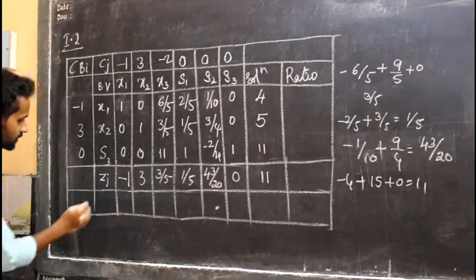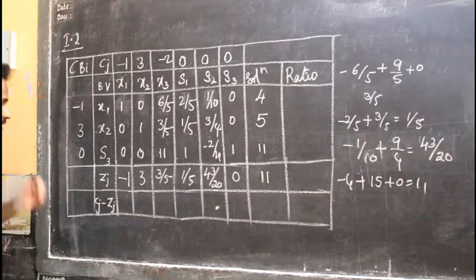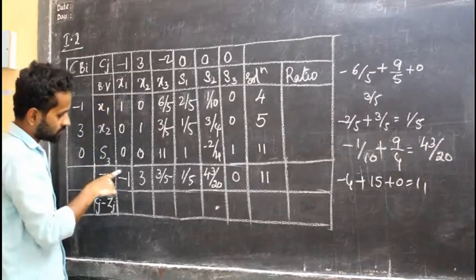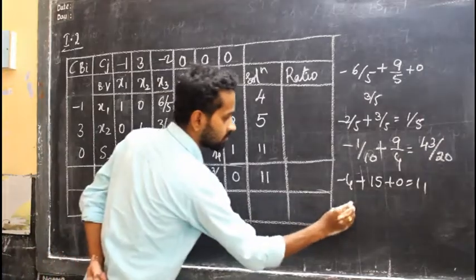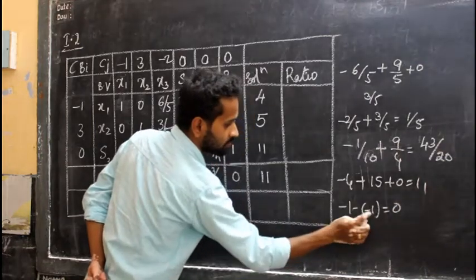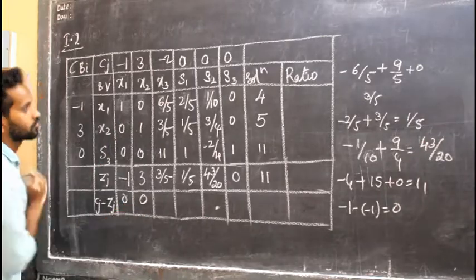Now let me find Cj minus Zj. Minus 1 minus of minus 1 becomes 0. Minus 1 plus 1 becomes 0. 3 minus 3, 0.